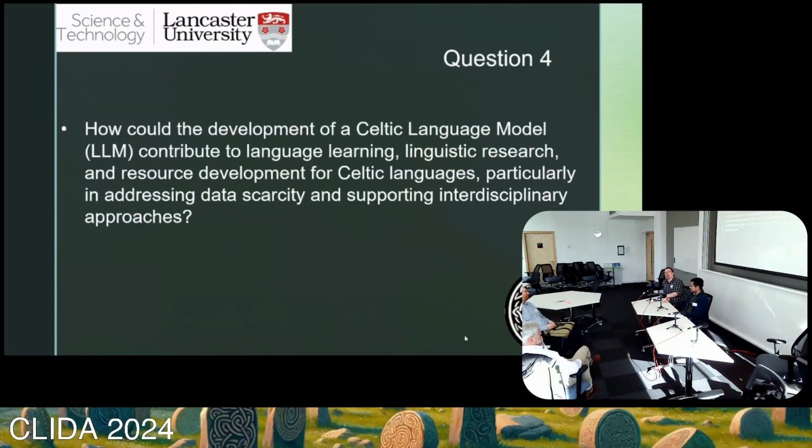So what do I mean by that? One example, I was recently speaking with some researchers who have been working on developing large language models for Galician, a language spoken in northern Spain, which has a lot of similarities to Portuguese and Spanish.